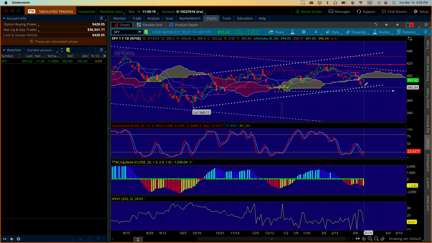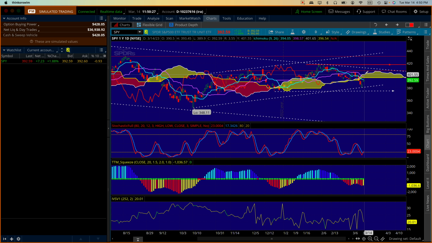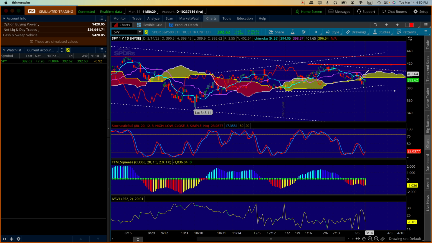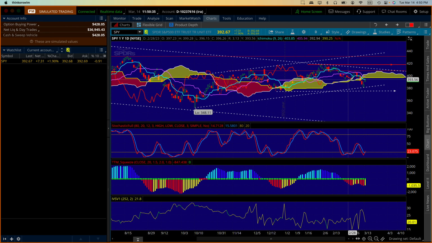Okay, it looks strong right here. The oscillators are returning, going back up. Oh, okay. So there is a good possibility that it will break above the Ichimoku cloud, and if it does, that's great. The oscillators are pointing up right now. Okay, so perhaps we have made a bottom here.